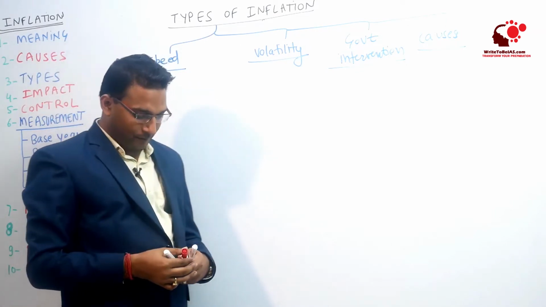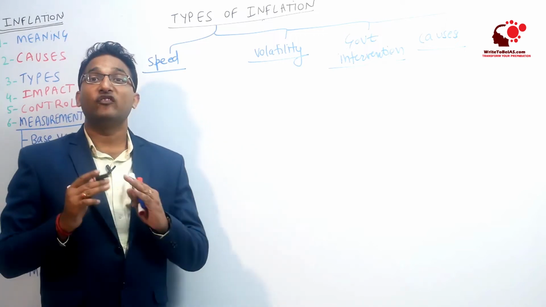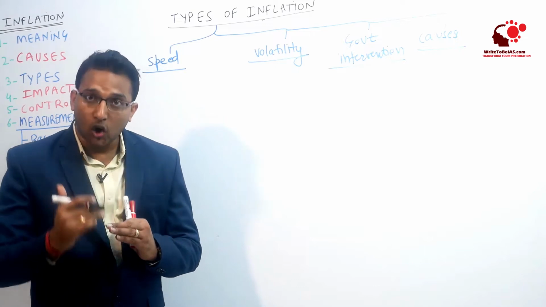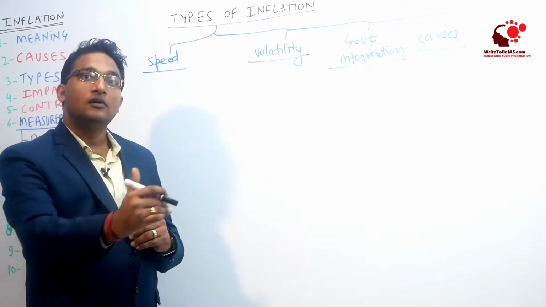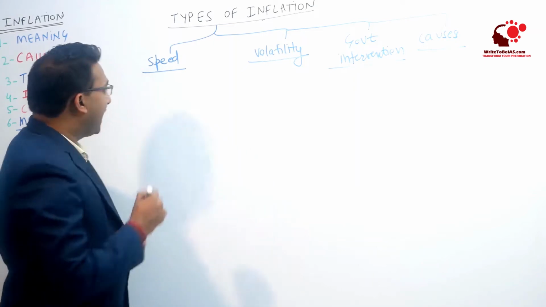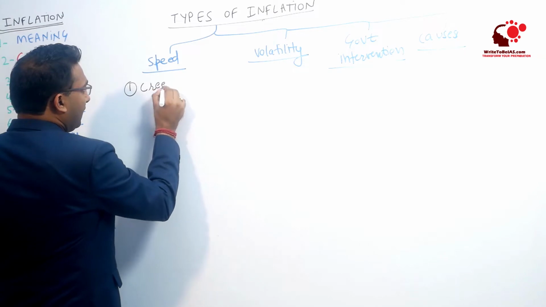First of all, depending upon the speed of inflation, the rate of rise in the price can be very slow, medium, and very fast also. Based upon that, the first category is creeping inflation.